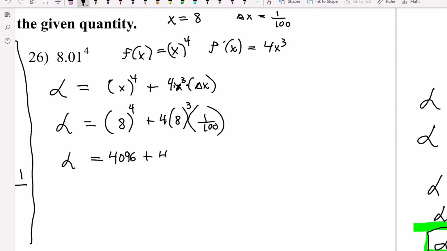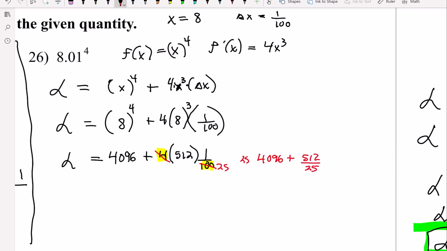And then plus 4 times 8 cubed is 12... Now, I'm going to take a moment and look at this. 4 goes into 100 25 times. I'm going to cancel that out, and I'm going to put a 25 right there. That will simplify stuff a little bit. So now what we have is 4,096 plus 512 over 25.